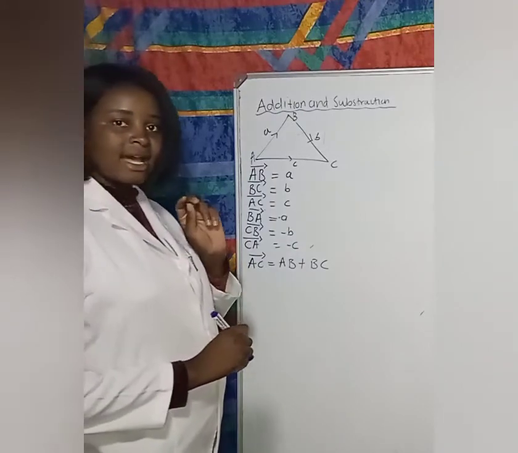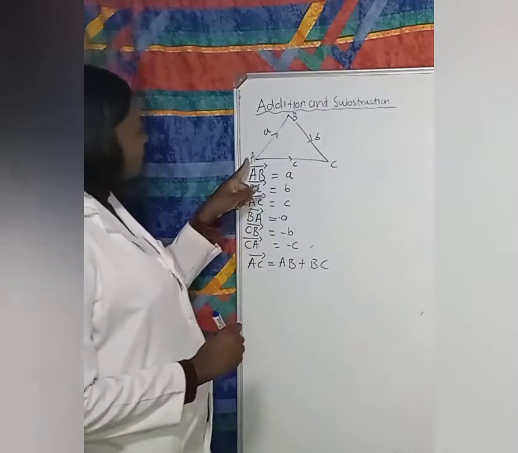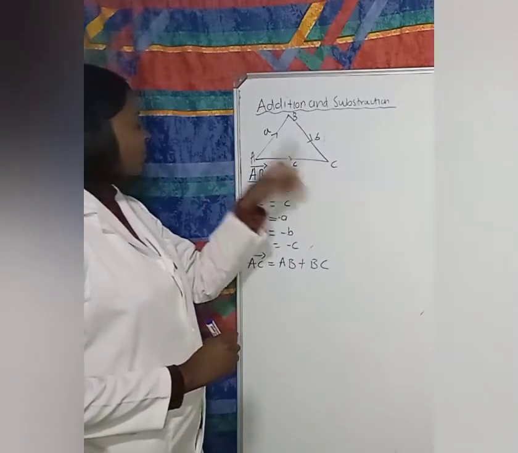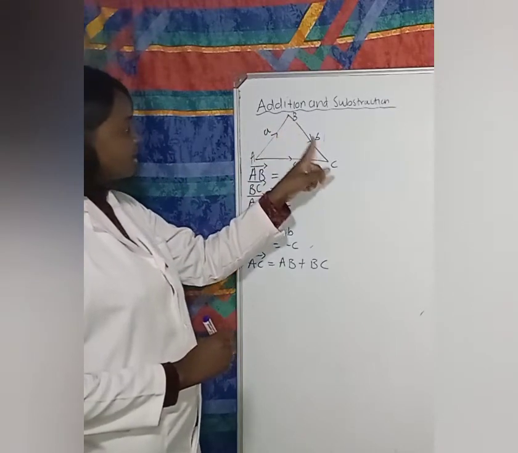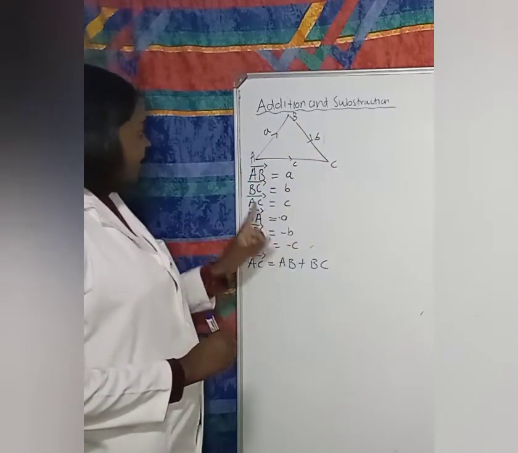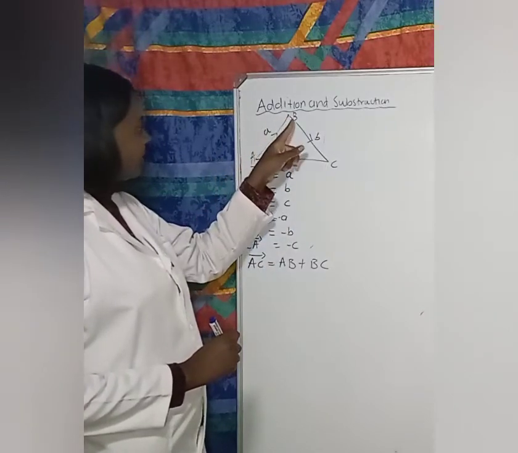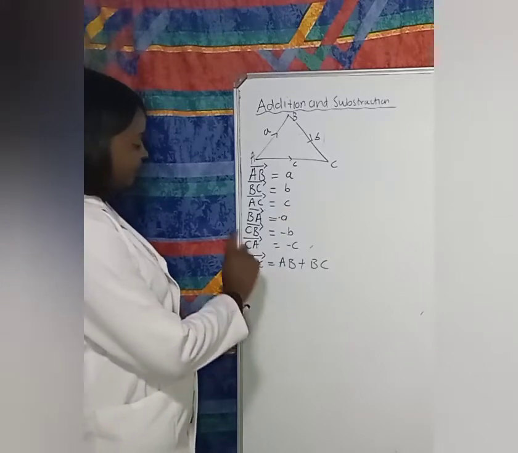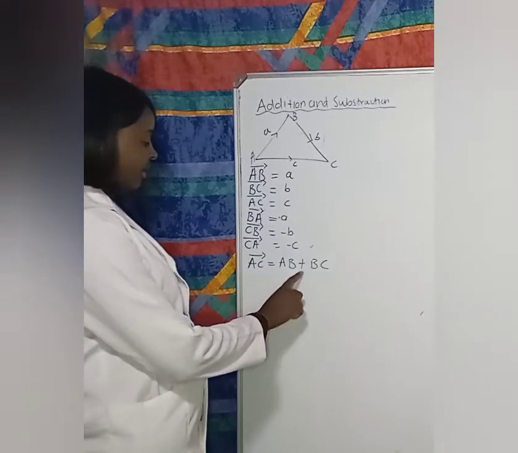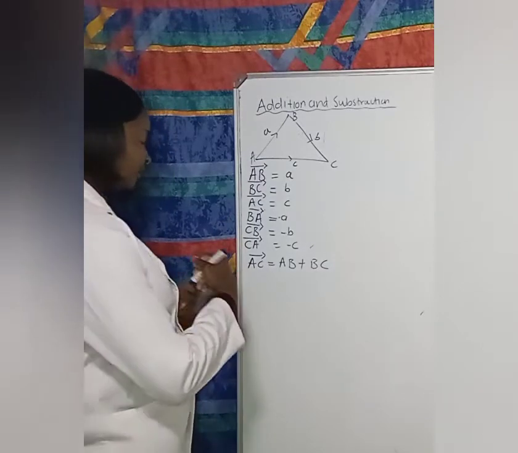Then the next thing that I want you guys to learn is that vector AC, we can calculate by saying AB plus BC, like that. So AC is equal to AB plus BC. I need you to take note of something.